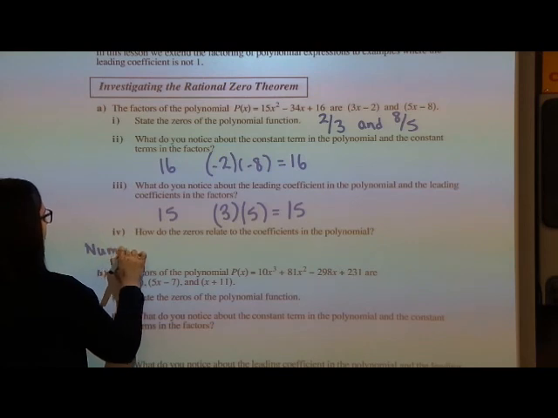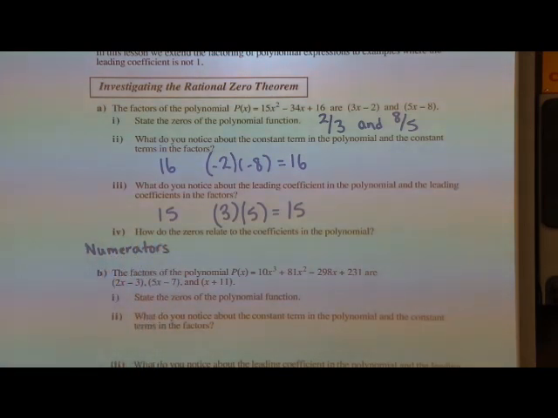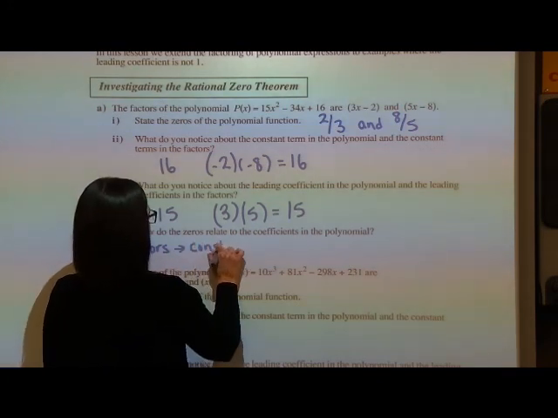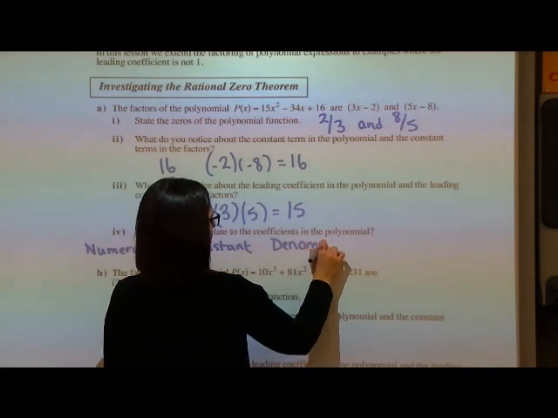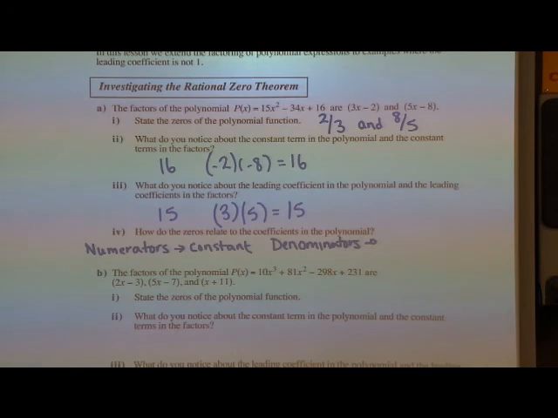Well, look at the 8 and the 2. What do the numerators relate to? The constant. And what do the denominators relate to? The leading coefficient.